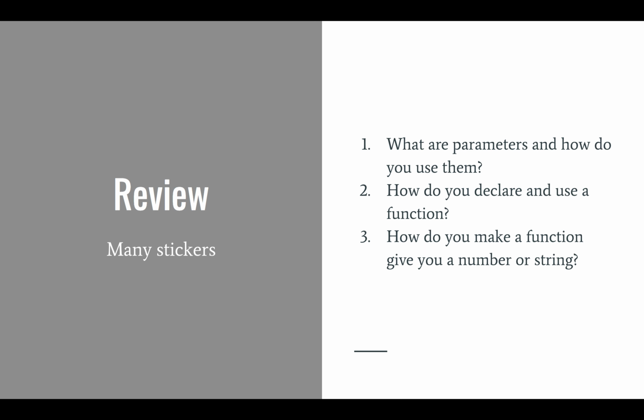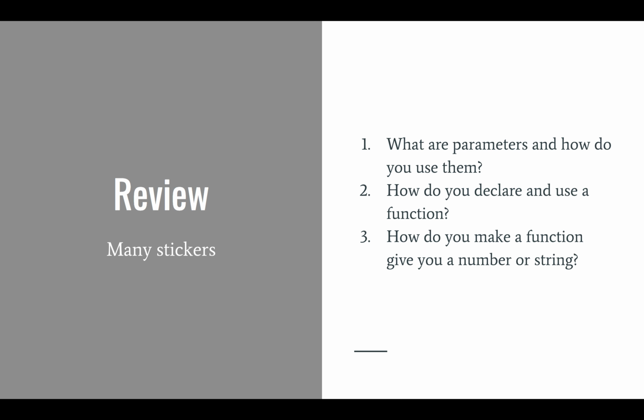To declare a function, you do var and the name of your function equals function, open parentheses, and then you put all your parameters in there, close parentheses, and then open squiggly bracket, and then what you want your function to do, close squiggly bracket. To use it, you just type your function name and then open parentheses, put in your parameters, and then you close parentheses, and then you do your semicolon.